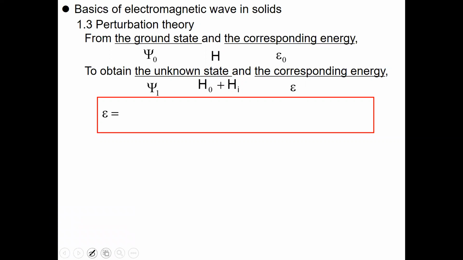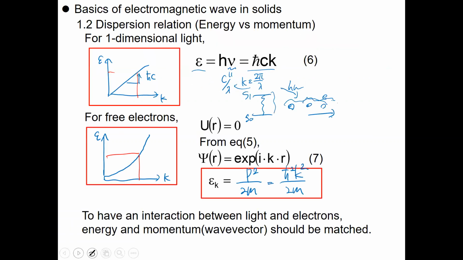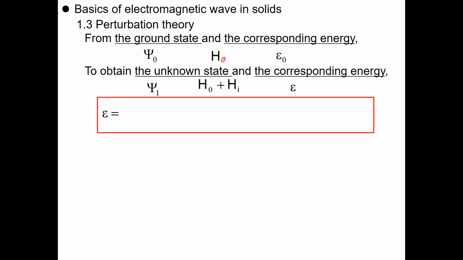So there's some mathematical procedure, but if you know the original state and energy, you can calculate the perturbation of energy from the theory, which is epsilon 0 plus the matrix element of psi 0, H I, and psi 0.